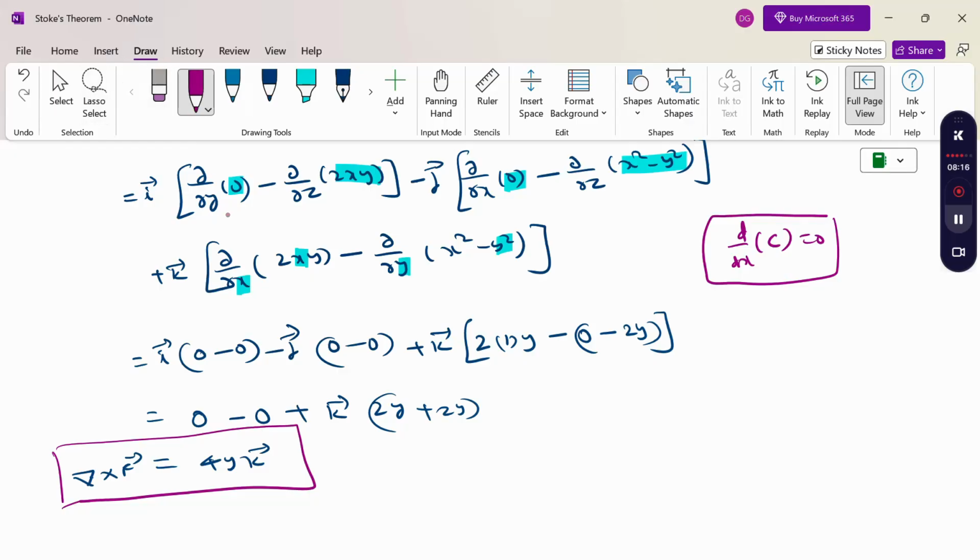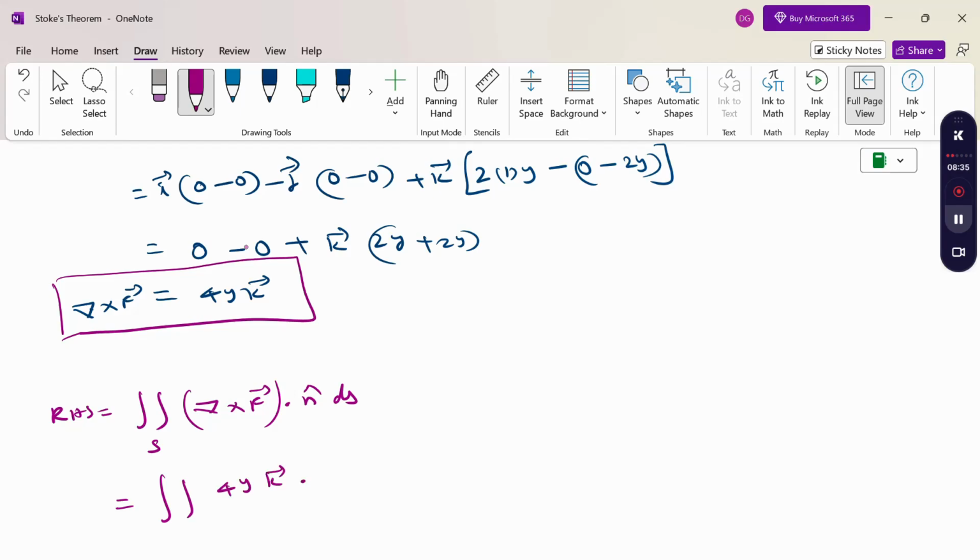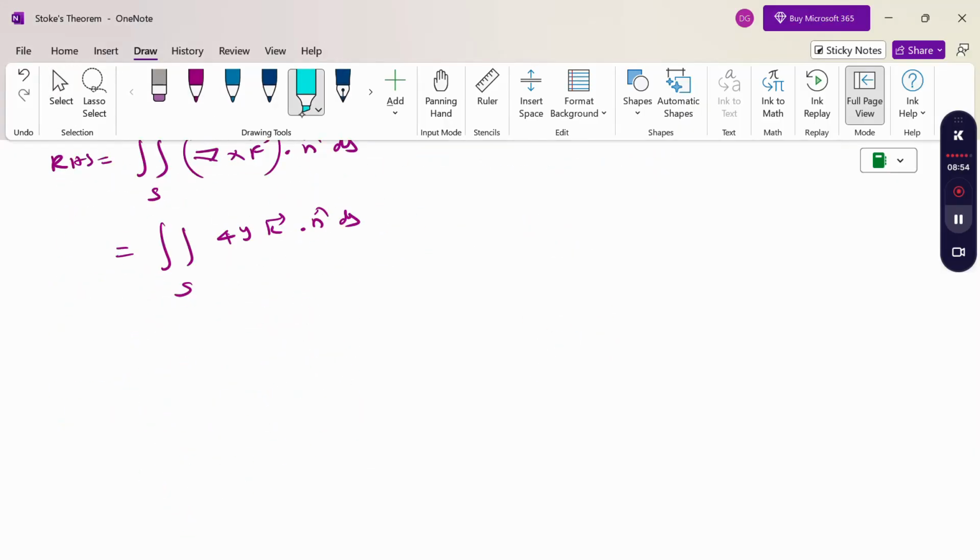Now find the right hand side. What is the right hand side value? The right hand side is the double integration over the surface of del cross f vector dot n cap ds. Therefore, the double integration of del cross f vector, whose value is 4y k vector, dot n cap, which is k vector, because this is a unit outward normal vector with only one direction.